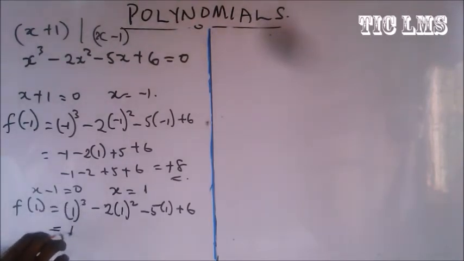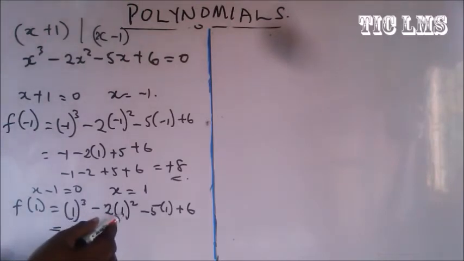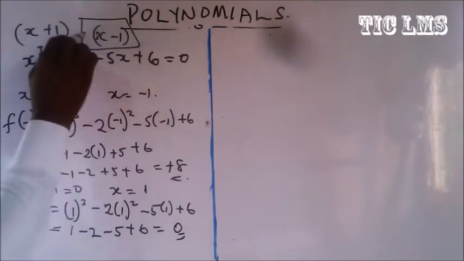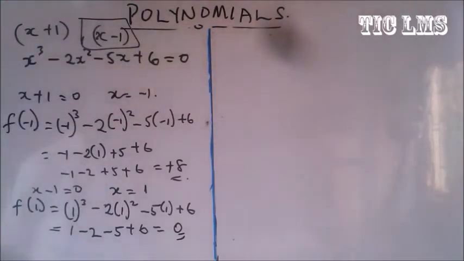Now 1 raised to 3 is 1. 1 squared is 1. Minus 2 times 1 is minus 2. Then minus 5 plus 6. 1 minus 2 gives minus 1. Minus 1 minus 5 is minus 6. Minus 6 plus 6 gives 0. So we'll have it that x minus 1 is one of the factors.